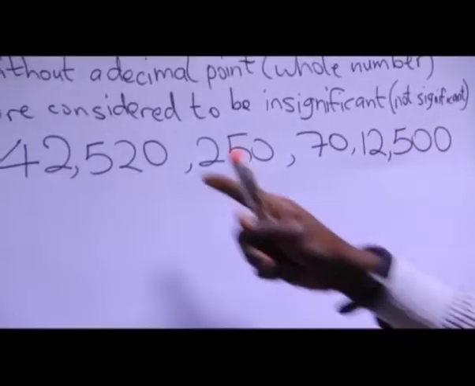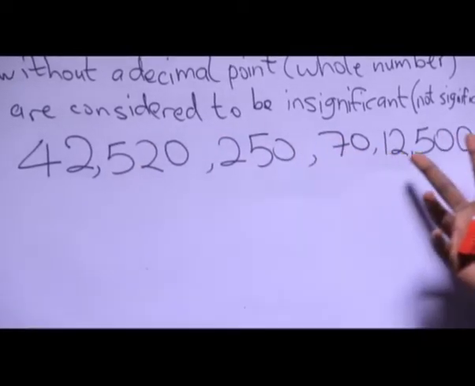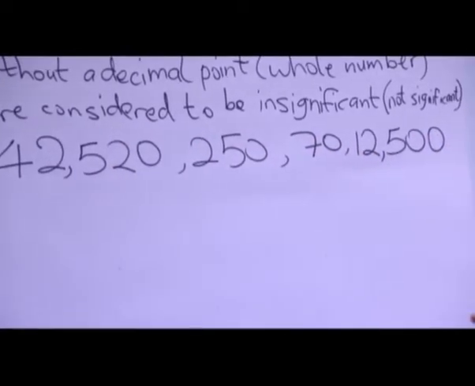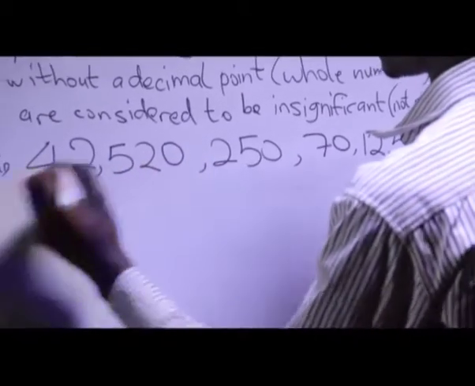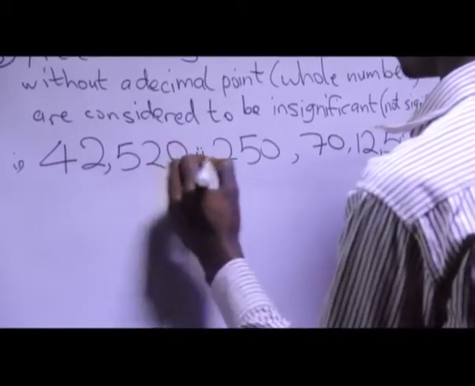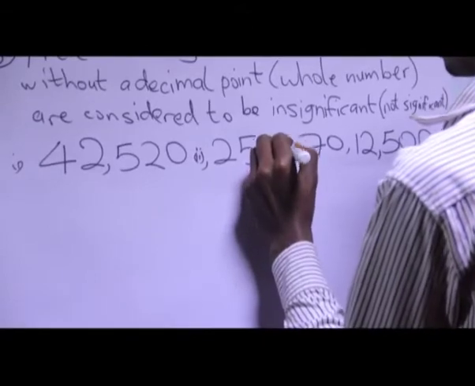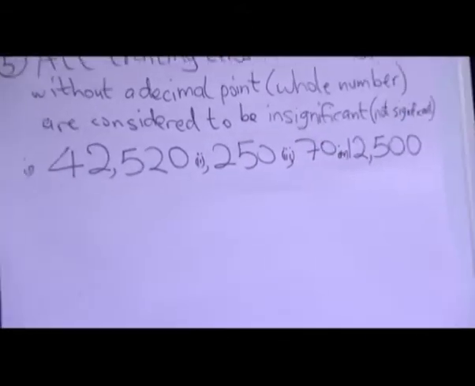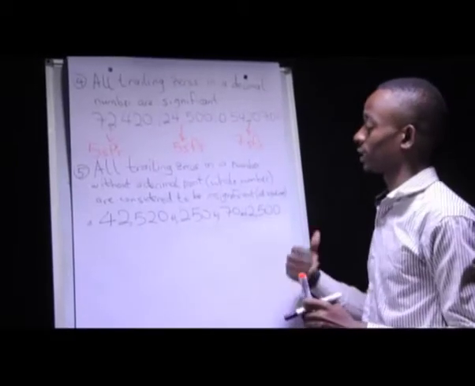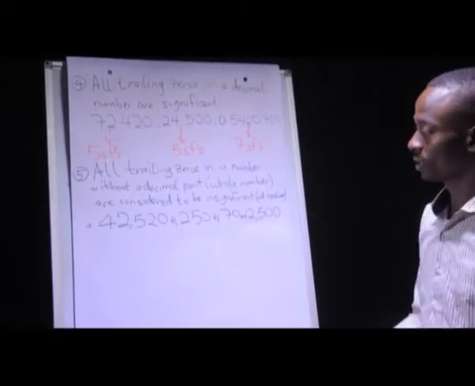In all these numbers, these are separate numbers. This is 1, this is 2, this is 3, and then this is 4. So in all these 4 numbers, I'm required to find the number of significant figures.